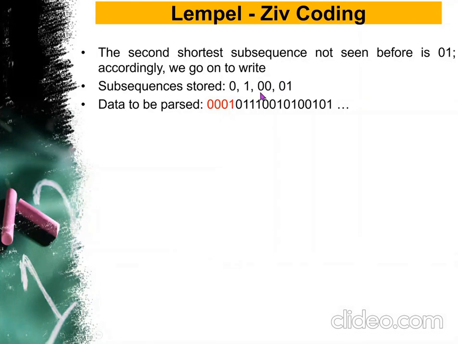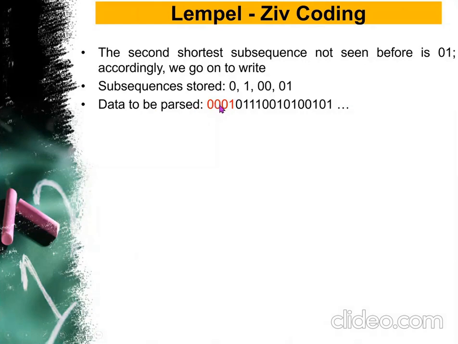We start with the first digit of the data to be parsed. The first digit is 0. The smallest subsequence will have only 1 bit, correct? That's the minimum length of the subsequence. So the first bit could be 0, but we already have this 0 stored.